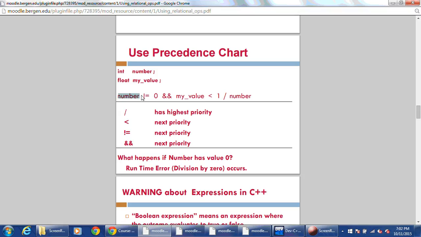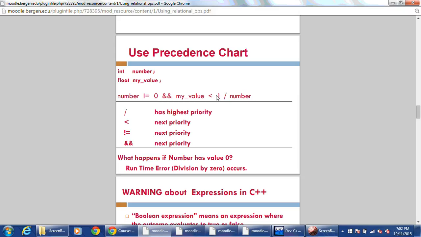So say you have this expression here, and I'm asking you for the order of execution. The order of execution in this expression says that division has the highest priority.